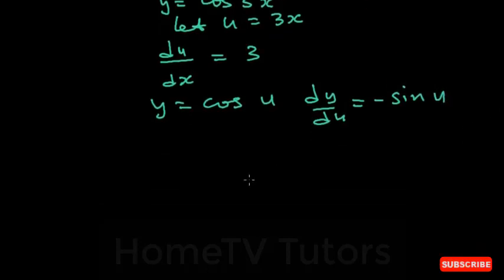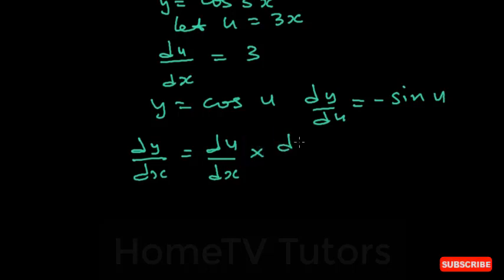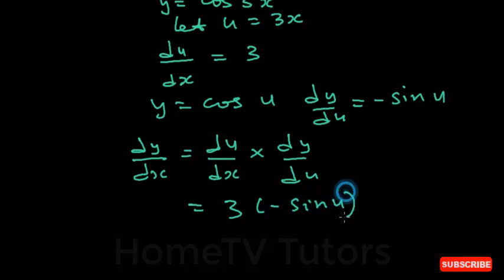So now, dy/dx equals du/dx multiplied by dy/du. This is 3 multiplied by dy/du, which is minus sine u.